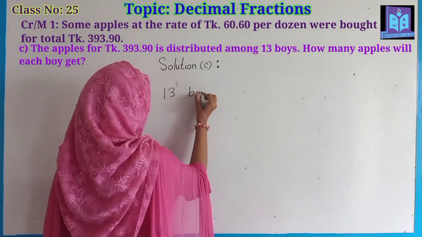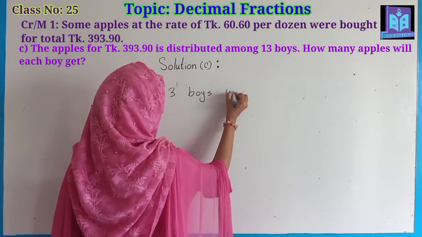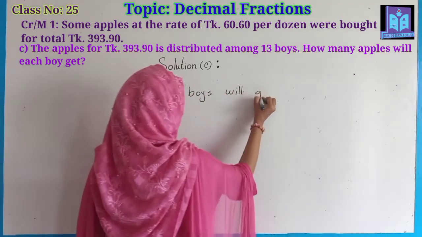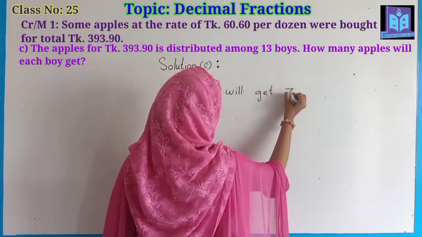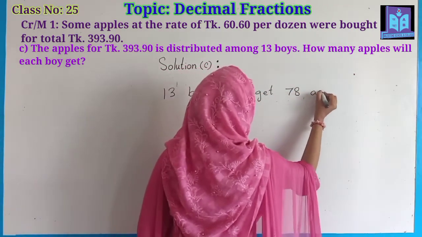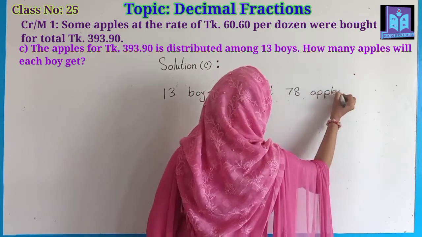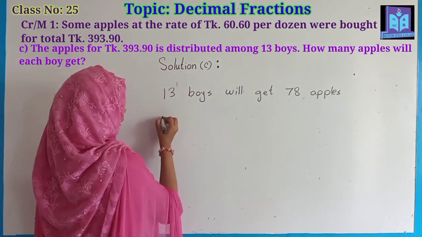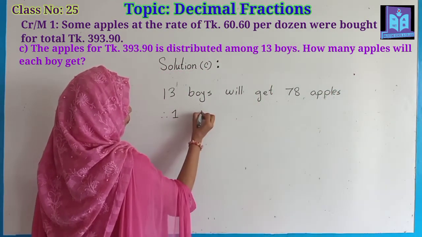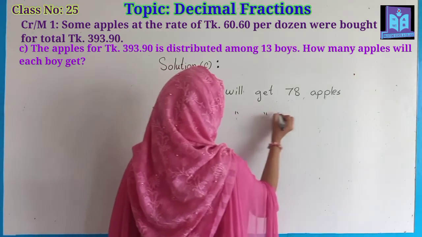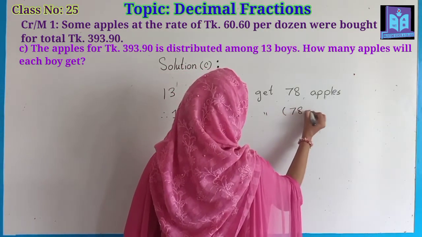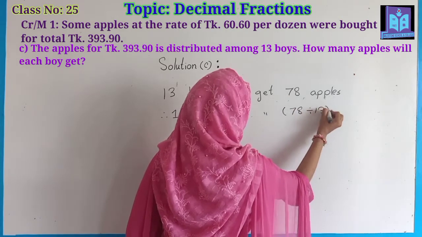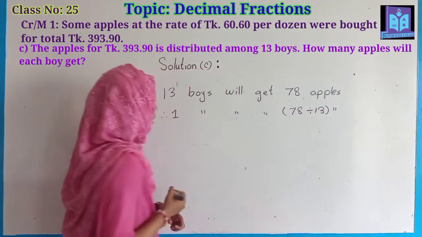13 boys will get 78 apples. We will find out one boy will get 78 divided by 13 apples.